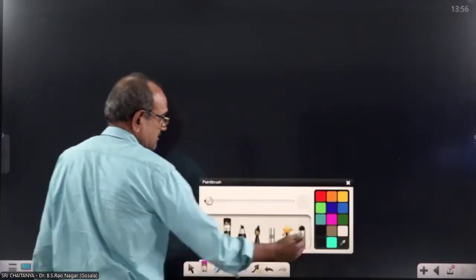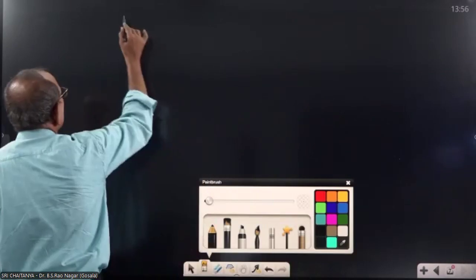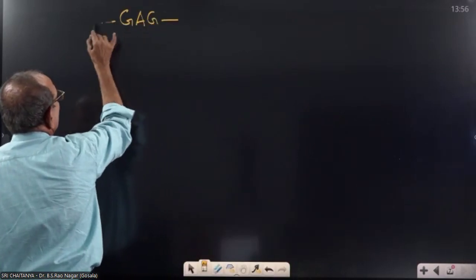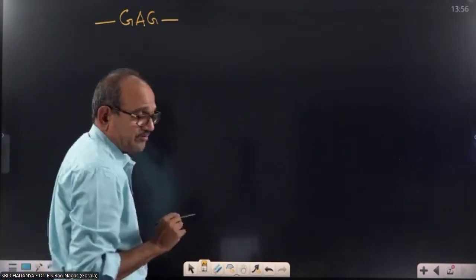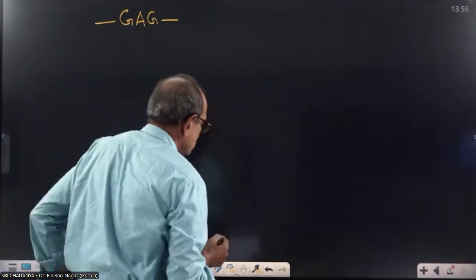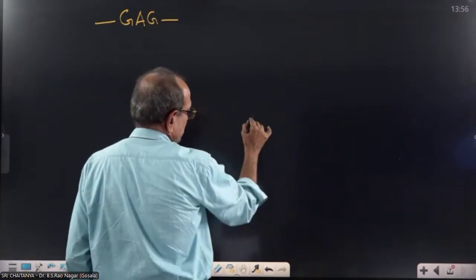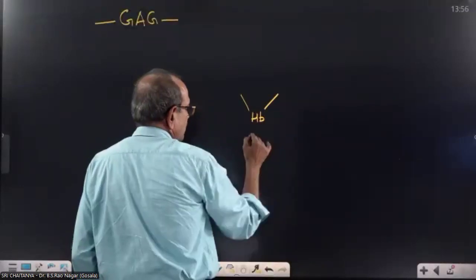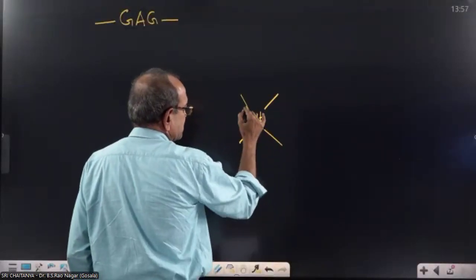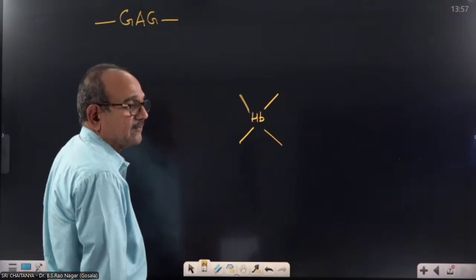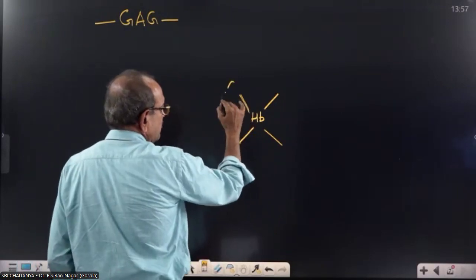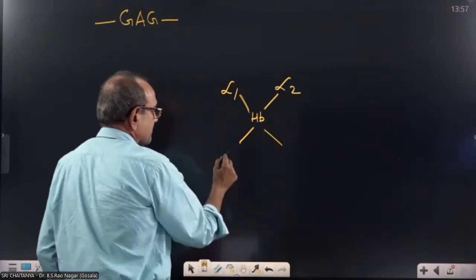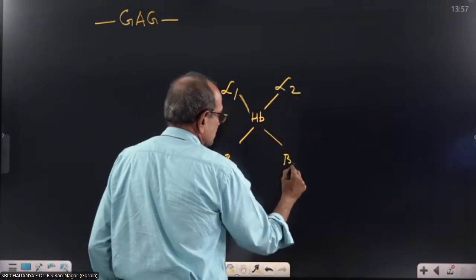This is the diagram. One thing, before going to the details, I would like to briefly explain the structure of hemoglobin. Hemoglobin contains 4 polypeptides. This is a diagrammatic representation; actually, hemoglobin is not like this. There are 4 polypeptides: alpha 1, alpha 2, beta 1, beta 2.